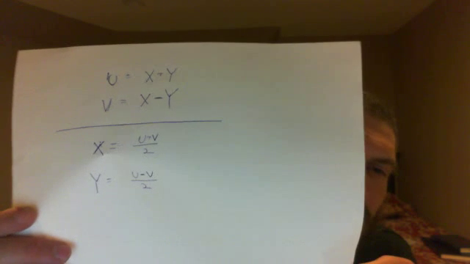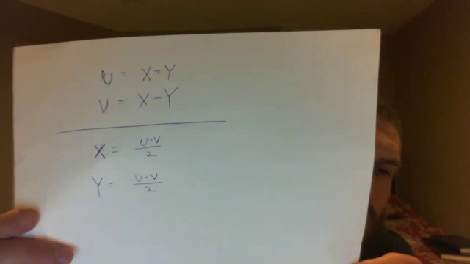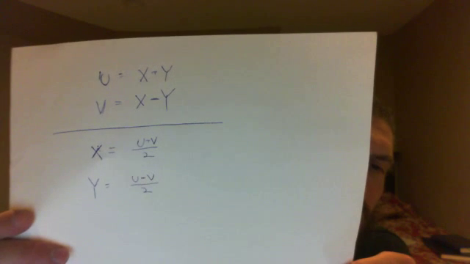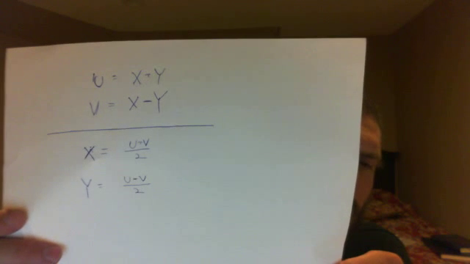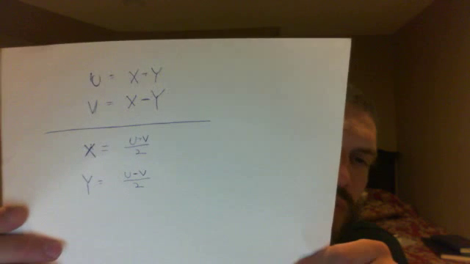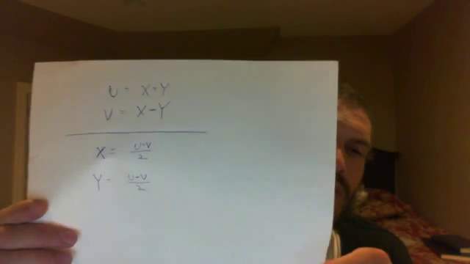U minus V will be x plus y minus x minus y, so you get plus y minus minus y, that is 2y. 2y over 2 is y. So this is simple algebra, how to extract the reverse. By knowing U and V, you can see what the x and the y is.